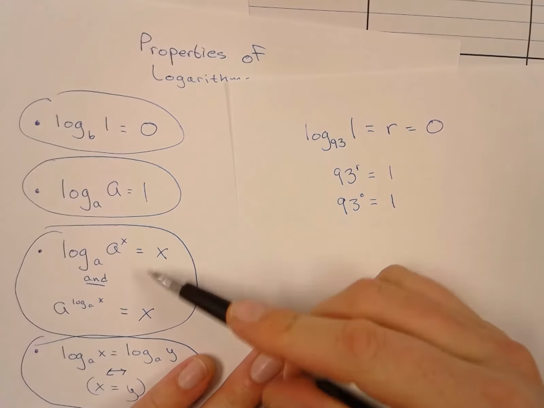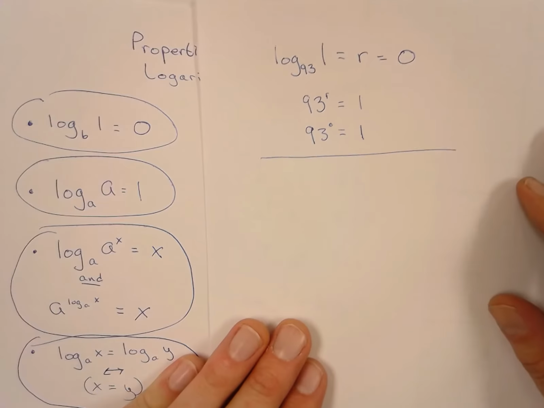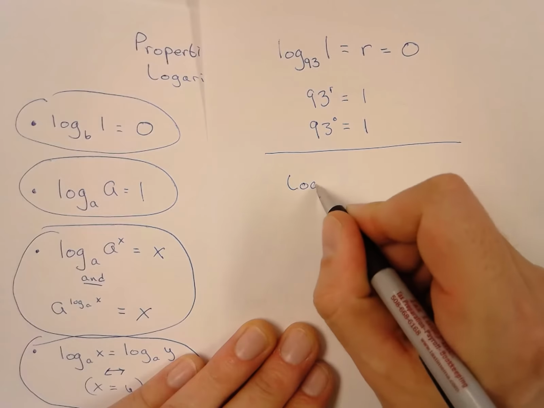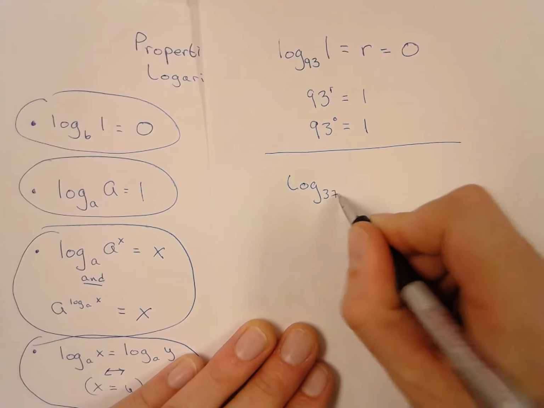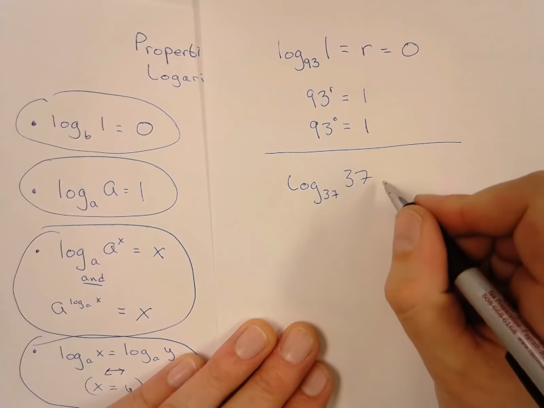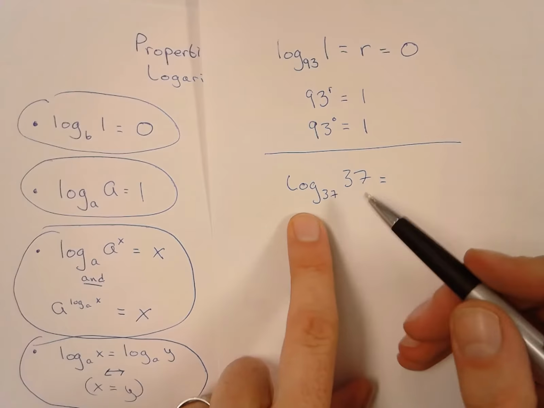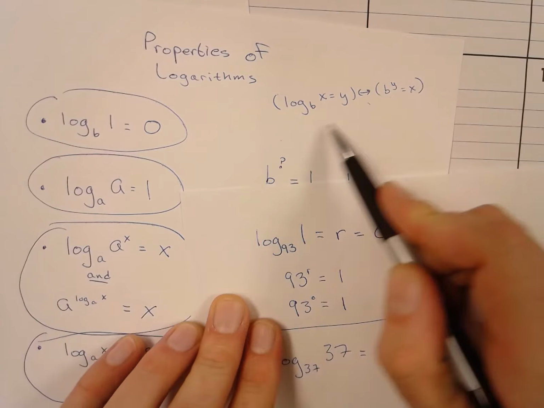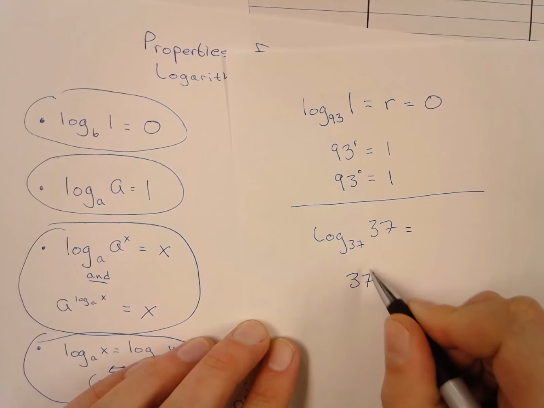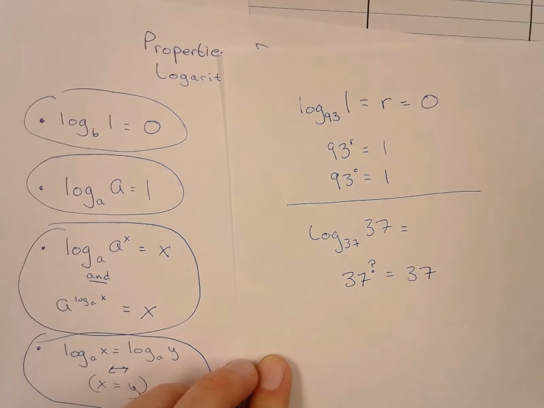Okay. An example for this next lovely property of logarithms. Here, when you have the log base of some number, in this example I'll just choose 37, and then the number at the end of the log expression is the same number as the base. This is effectively asking you, when we apply this definition, 37 raised to what exponent power equals 37?